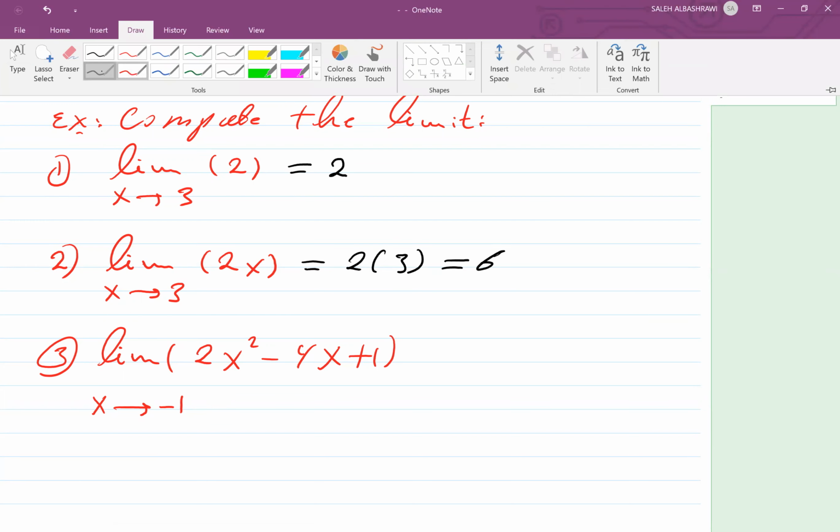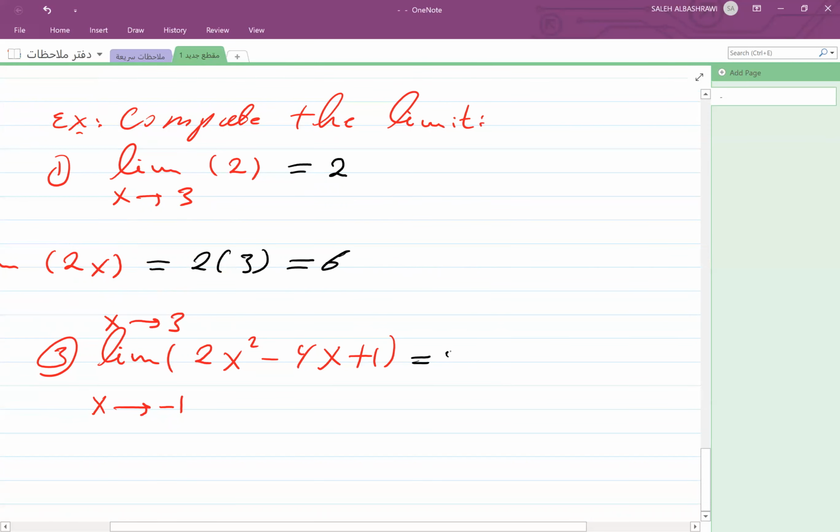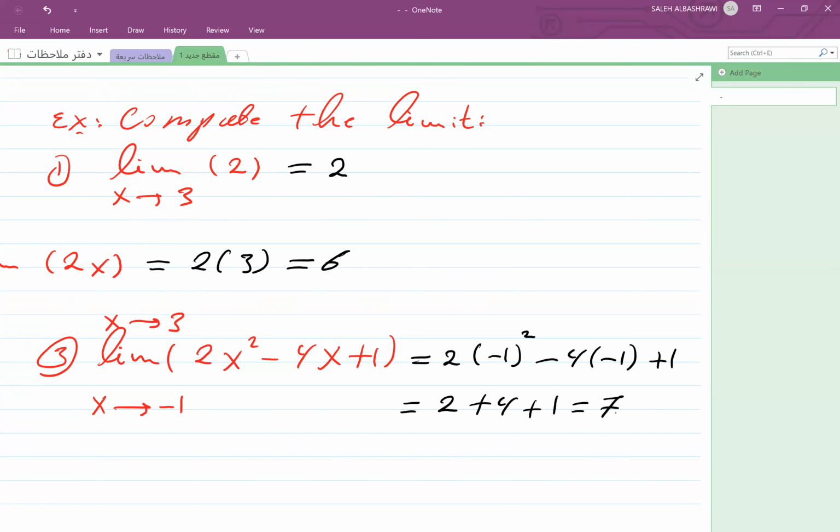So this gives 2 multiplied by minus 1 squared, minus 4 multiplied by minus 1, plus 1. This gives 2, minus 4 times minus 1 is plus 4, plus 1, which is equal to 7. So the limit of this function is equal to 7.